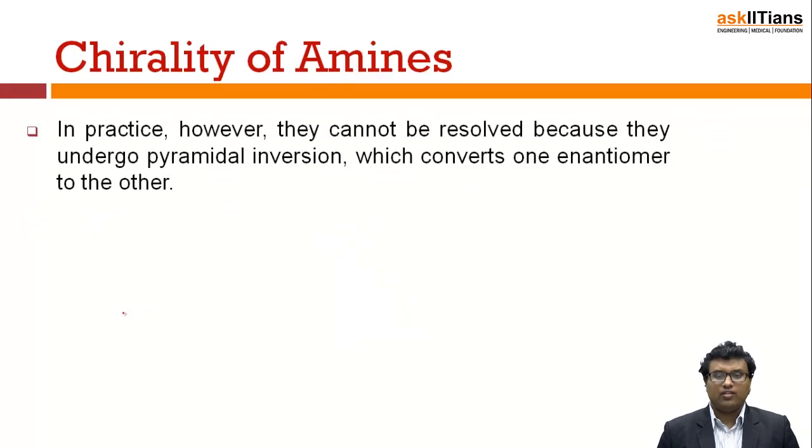In practice, however, they cannot be resolved, and this is a very important process. The amines cannot be resolved because they undergo pyramidal inversion. That means it converts one enantiomer to the other, so it cannot be resolved in practice.